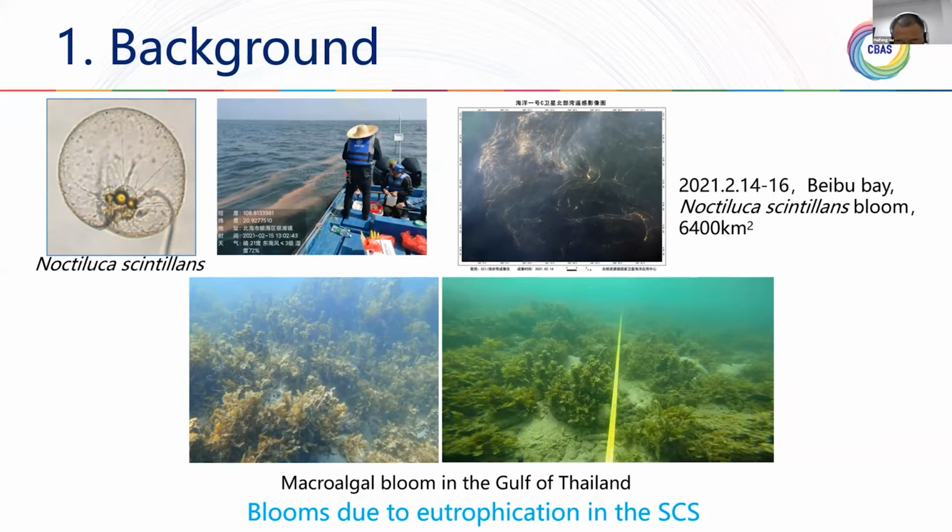Fortunately, it lasted only 3 days and then disappeared. The lower figure shows high microalgae biomass near Qiang Island in the inner Gulf of Thailand. We can see the corals cannot grow well, as they are covered by the microalgae, due to insufficient light.